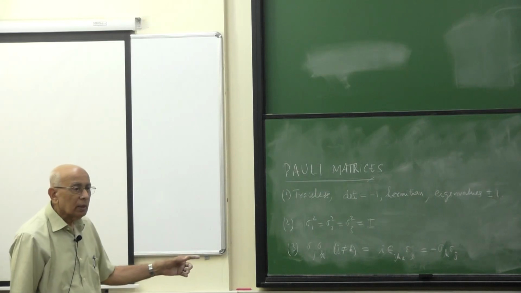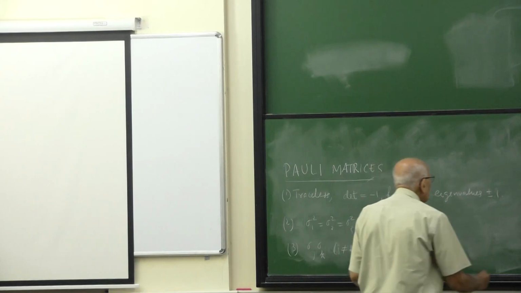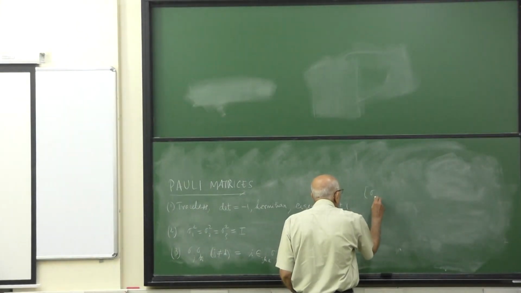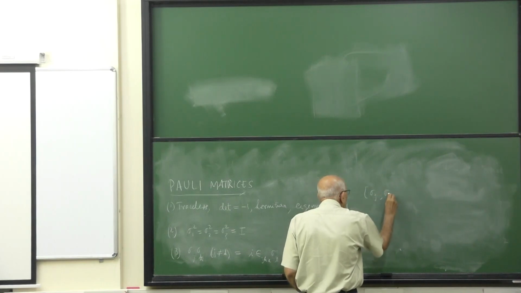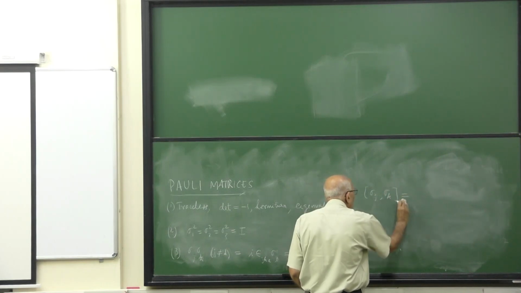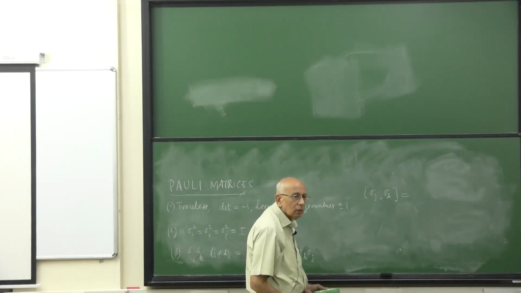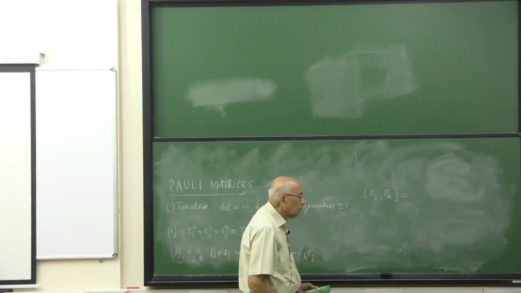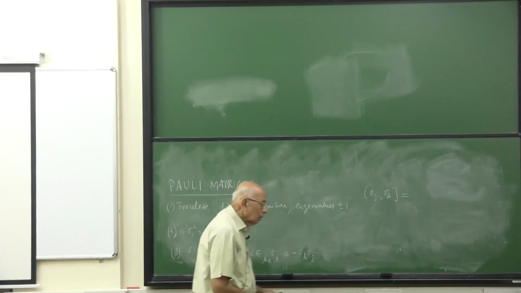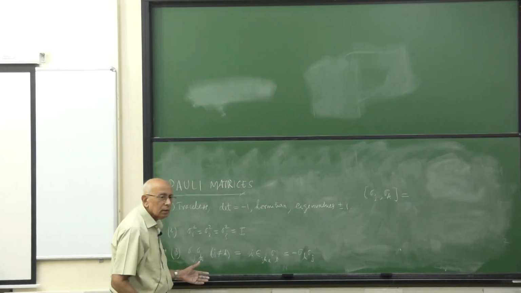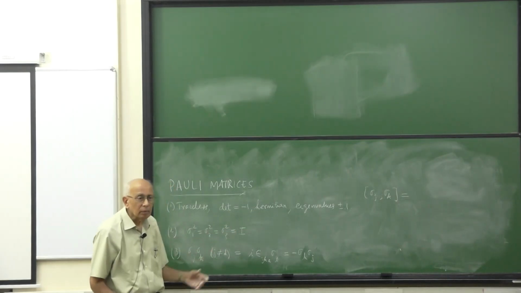So what's the commutator? This is what Lakshmibala wrote down the other day. The commutator of sigma j and sigma k stands for sigma j sigma k minus sigma k sigma j by definition.